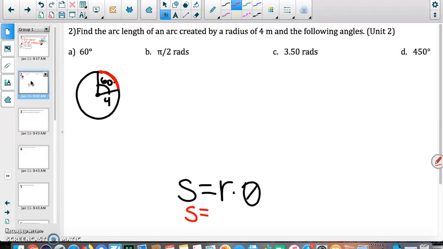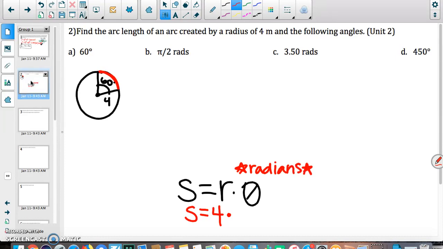Now I know my radius is 4, right? But I cannot put in 60 degrees. The angle has to be in radians. Maybe this is coming back a little bit.